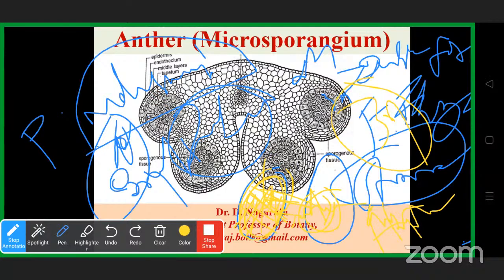Okay, and the importance of embryology in relation to taxonomy, in horticulture, in agriculture: how we use embryological techniques and embryological knowledge in agriculture, horticulture, and in taxonomy, how embryological characters are of basic importance. That also is very, very important.